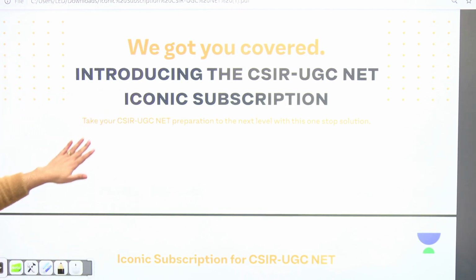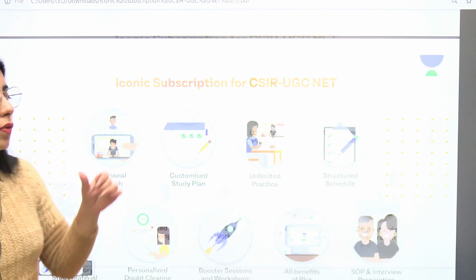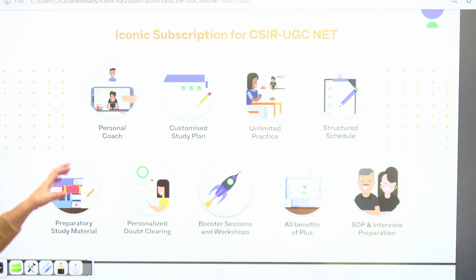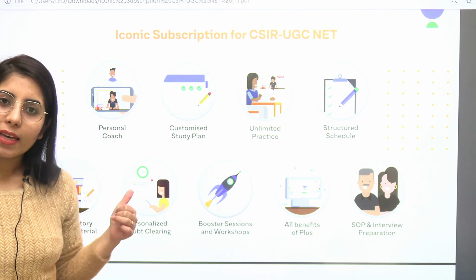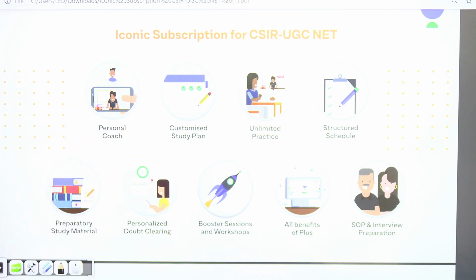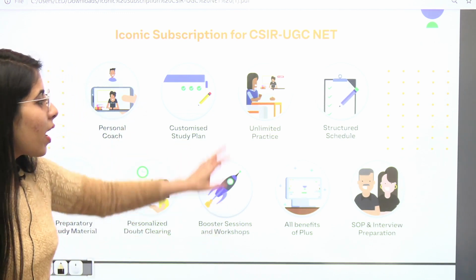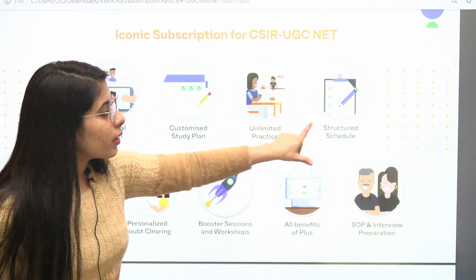Now what will be the benefits you will get if you take the Iconic subscription? So guys, there will be a personal coach allotted to the learners in the Iconic subscription. A customized study plan will be provided to the learners. Unlimited practice sets will be available for the learners.